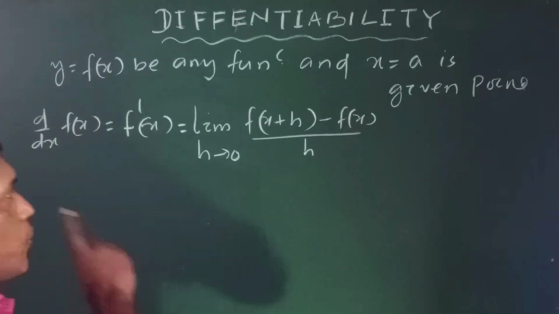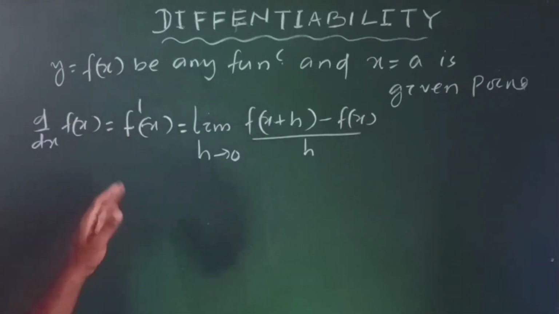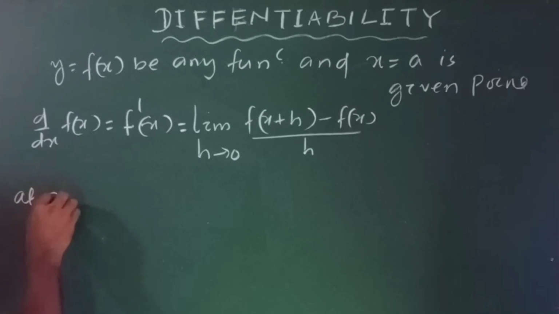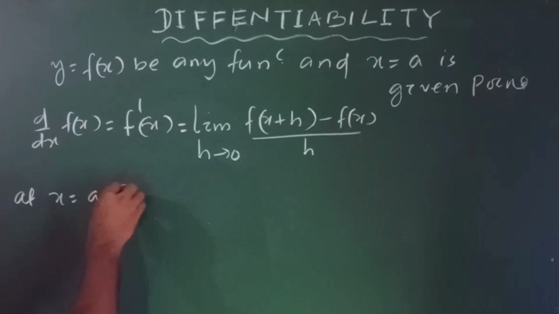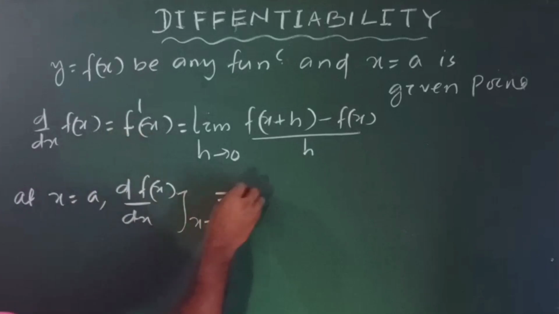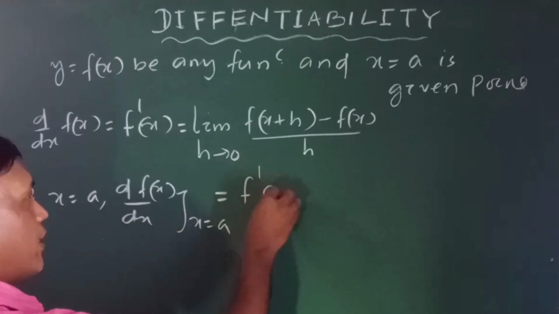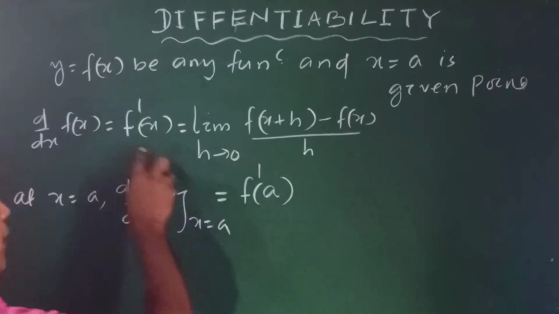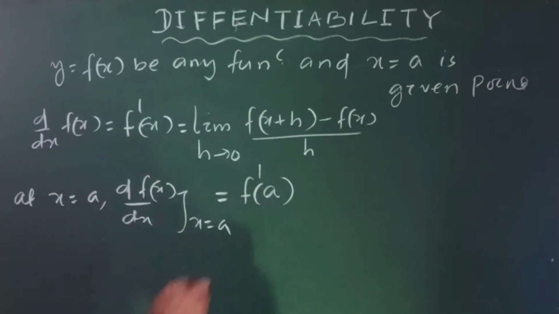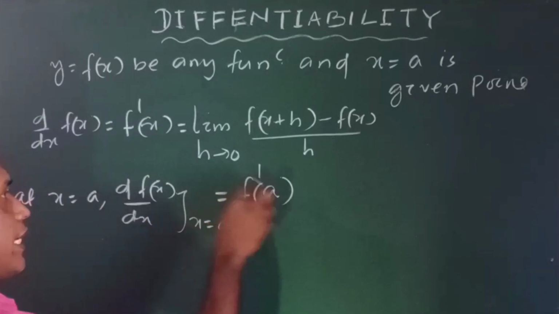So here is one thing: f dash x means the derivative of f of x at x, but the derivative of that function at x is equal to a is written as f dash a. F dash x means the derivative of f of x at x, f dash a means the derivative of f of x at x is equal to a.